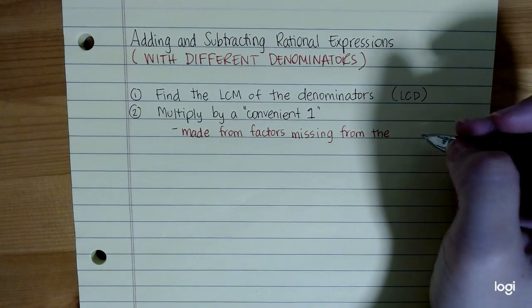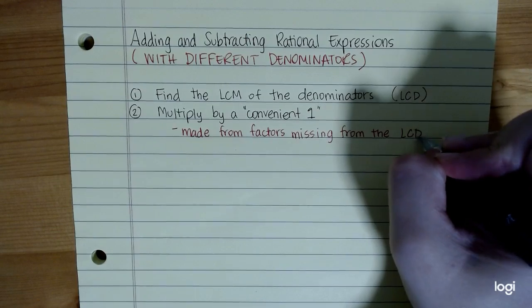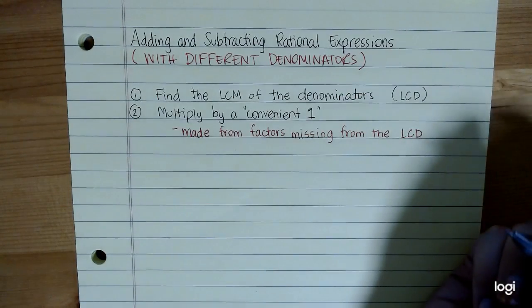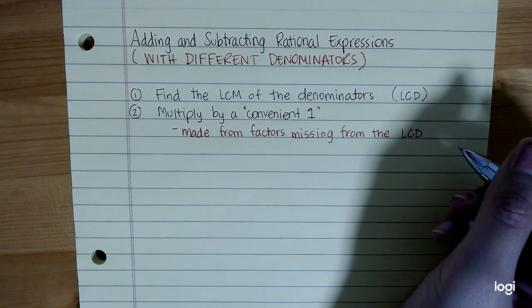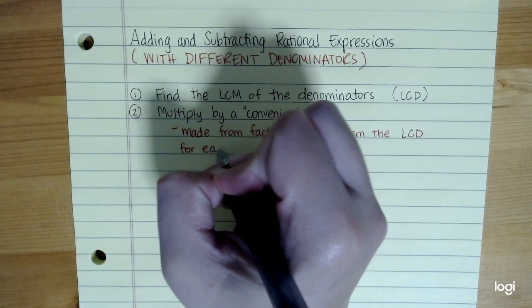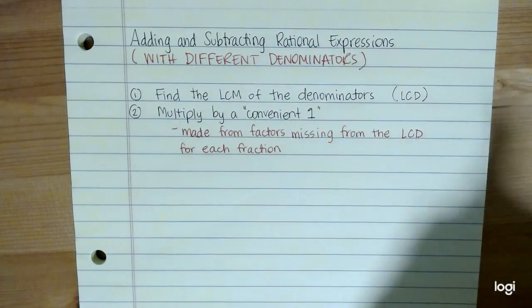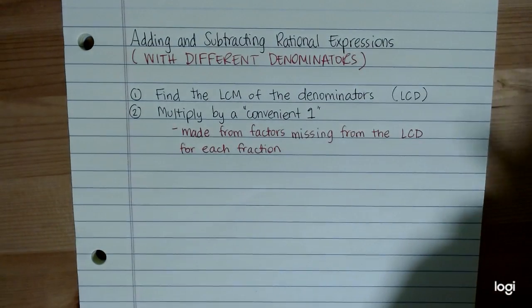So it's made from factors missing from the least common denominator, for each fraction. And it's a fraction that we call a rational expression.